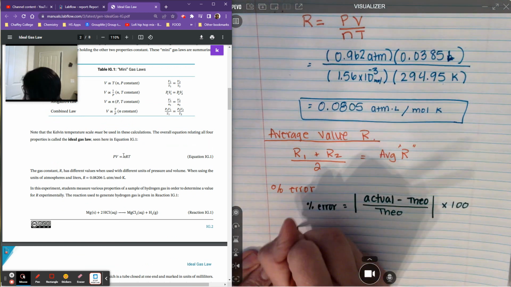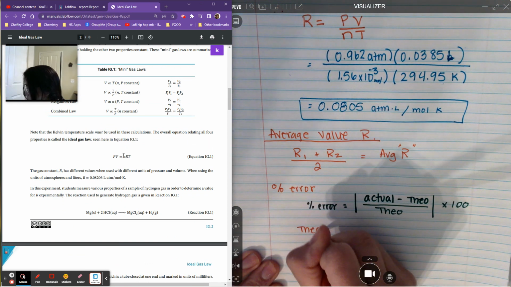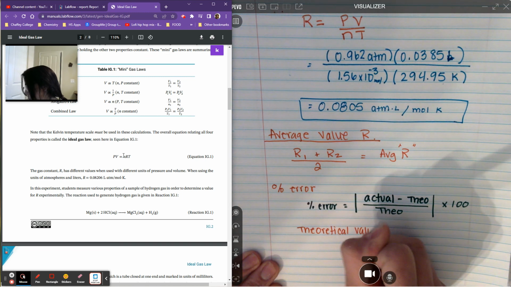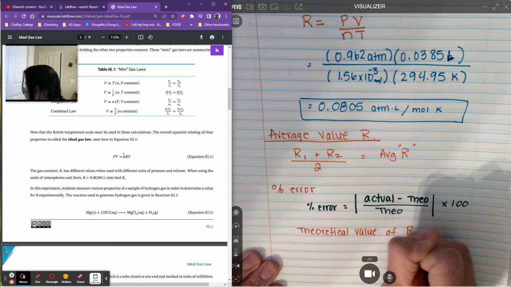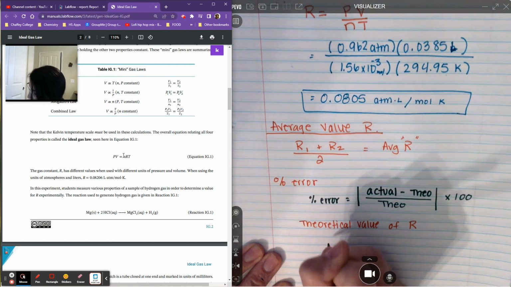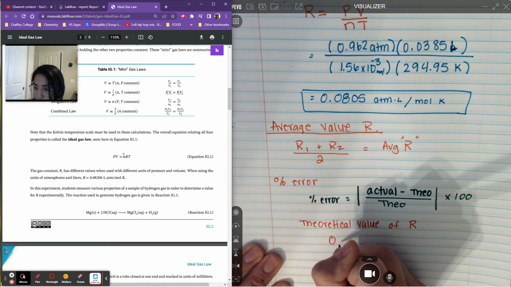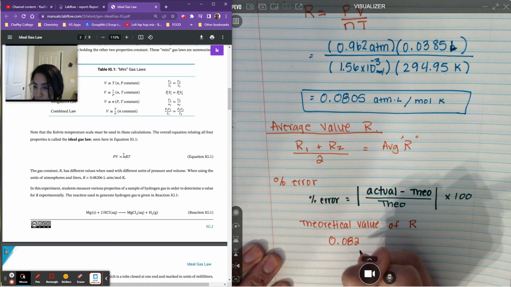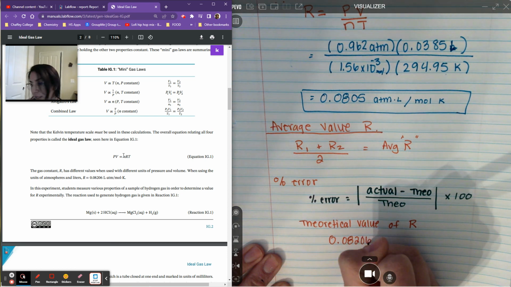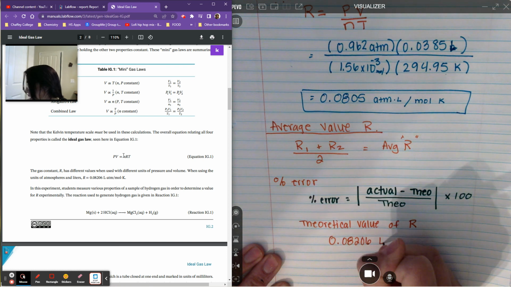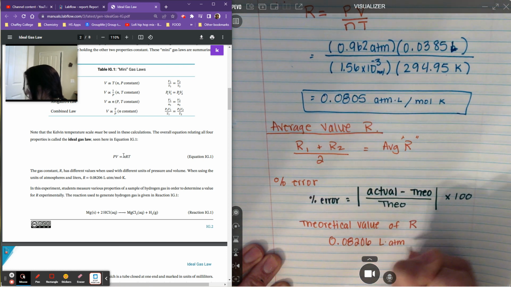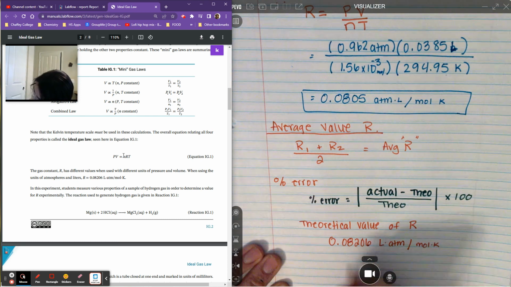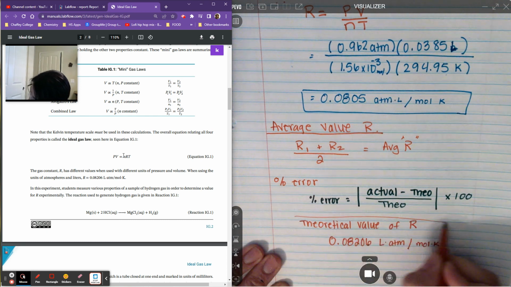So the theoretical value of R is going to be 0.08206, and the unit is liters atmosphere over mole Kelvin. So this is your theoretical value.